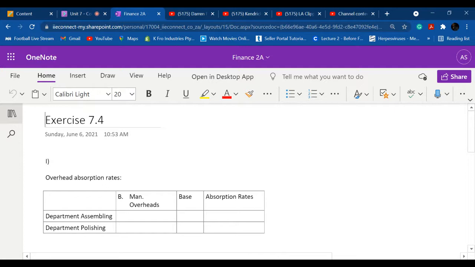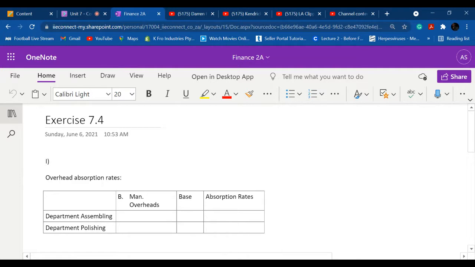Right, then to tell us, during January 2009, the following costs were incurred on job TT321. Direct materials, 45 kgs at 24 Rand per kg. It's almost like I was already talking exactly what this question is asking us, all right, unknowingly.